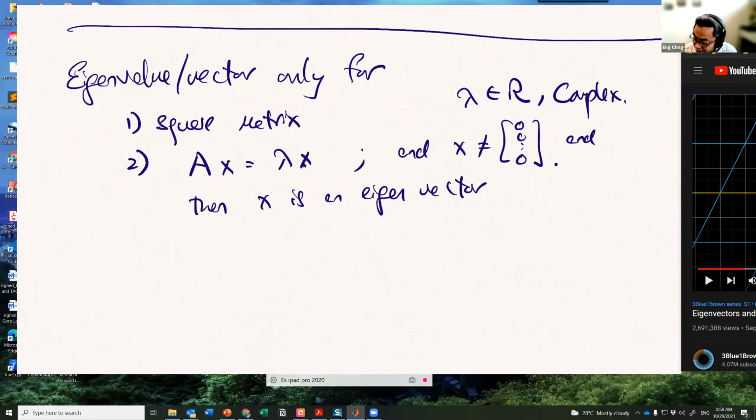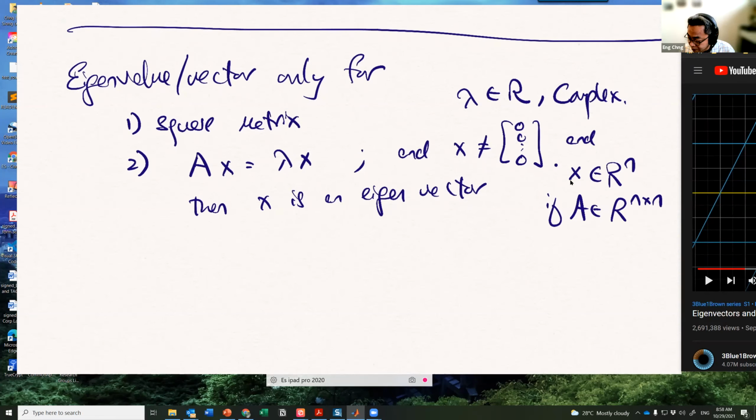Currently X belongs to Rn if A is n by n. So A is a real square matrix of dimension n by n, X is a vector of Rn, but if we have time, we'll actually deal with X as a complex vector, and A can also be complex.